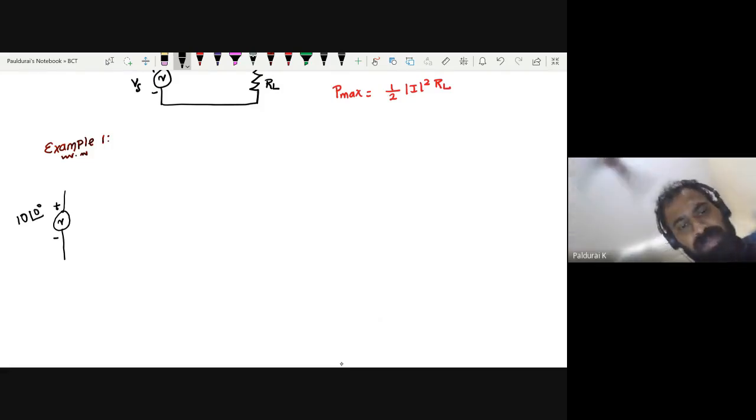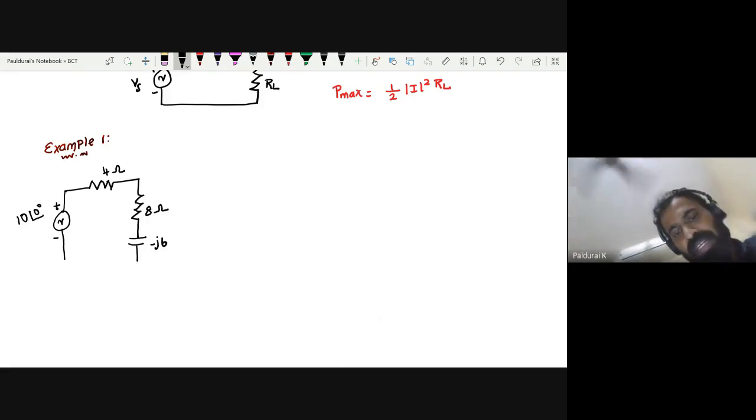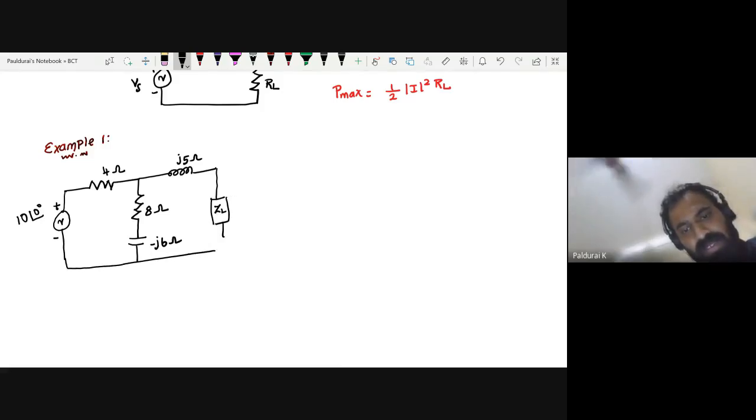After that I have one resistance, it is 4 ohm, and one more resistance in series with one capacitance. It is 8 ohm, and this reactance is minus j6 ohm. Then after that I have one inductance j5 ohm. Now here I have my ZL, this time the load impedance. So this is the circuit.